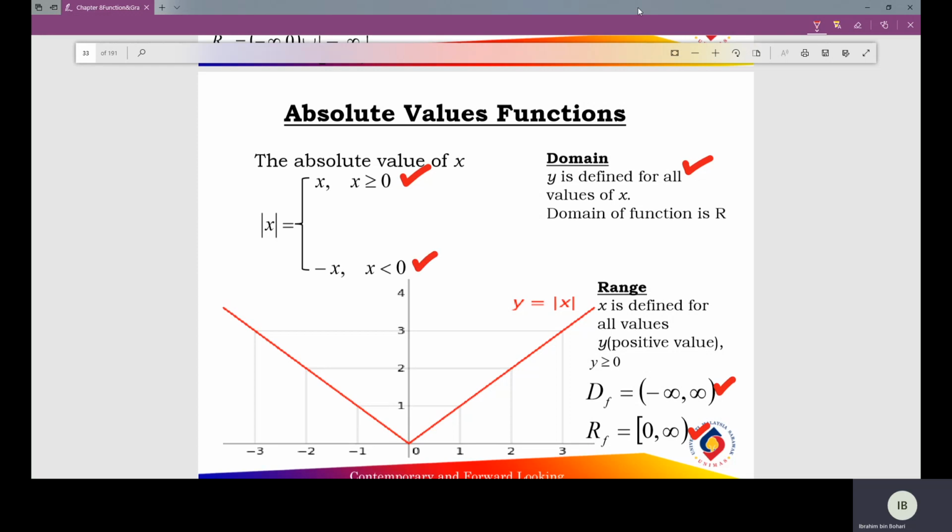When you plot all the points, the vertex of the function starts at the origin, going to positive infinity for the first function, and from the origin to negative infinity for the second.